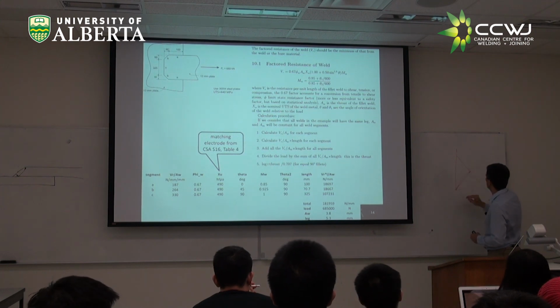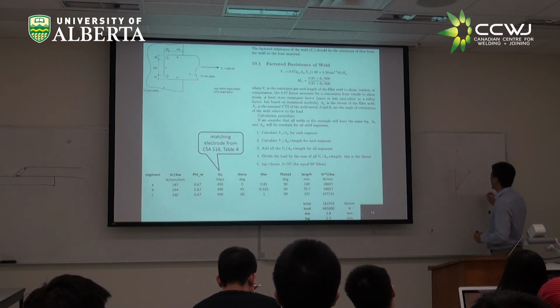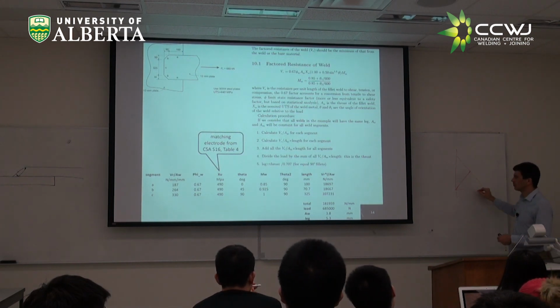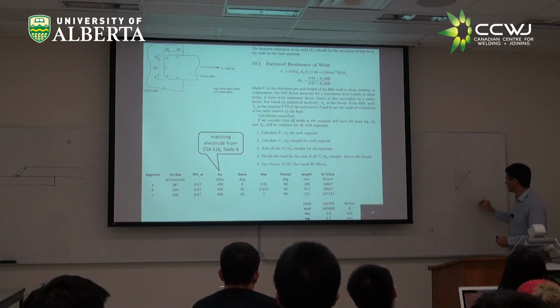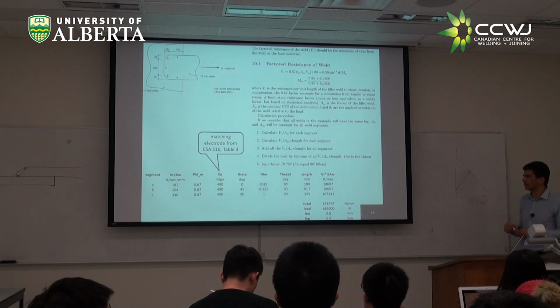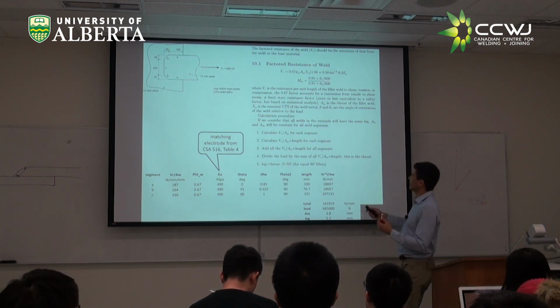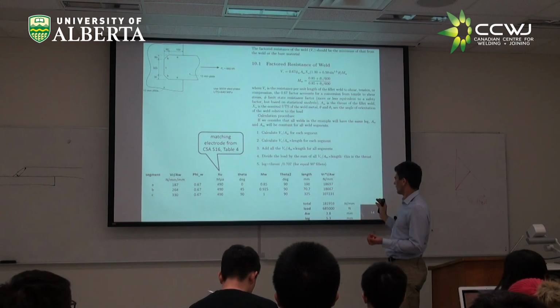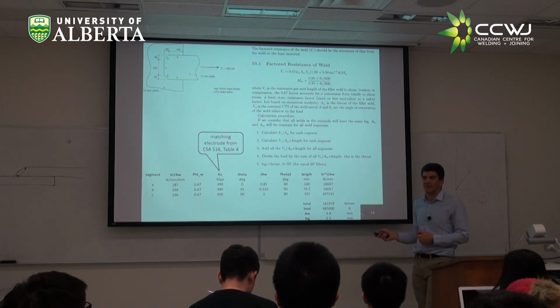If this is my throat, here is the length. That is square root 2 of the throat. And that's what we divide by here. And bingo, there you go, the leg.